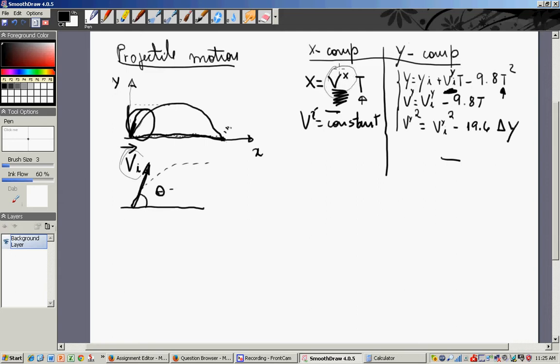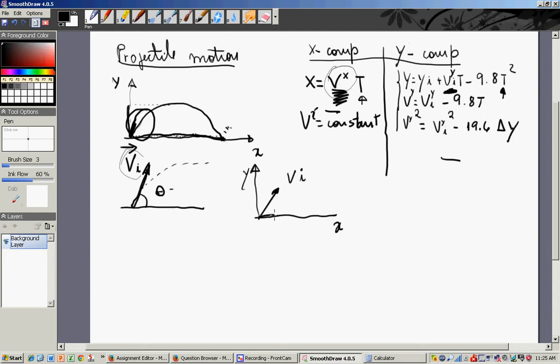So 12 meters per second is the magnitude of this initial velocity vector. This is the speed at which the ball leaves the player's hand. So how do we find the initial velocity in x, which by the way will be constant, and how do we find the initial velocity in y?